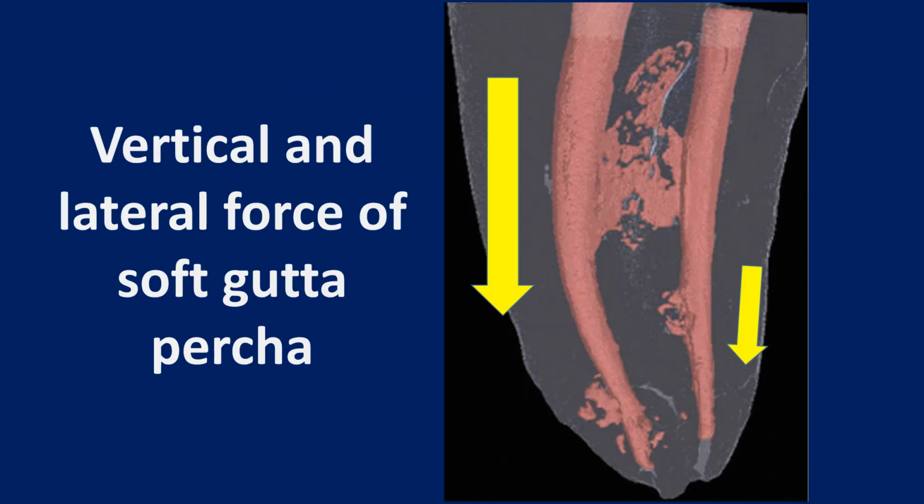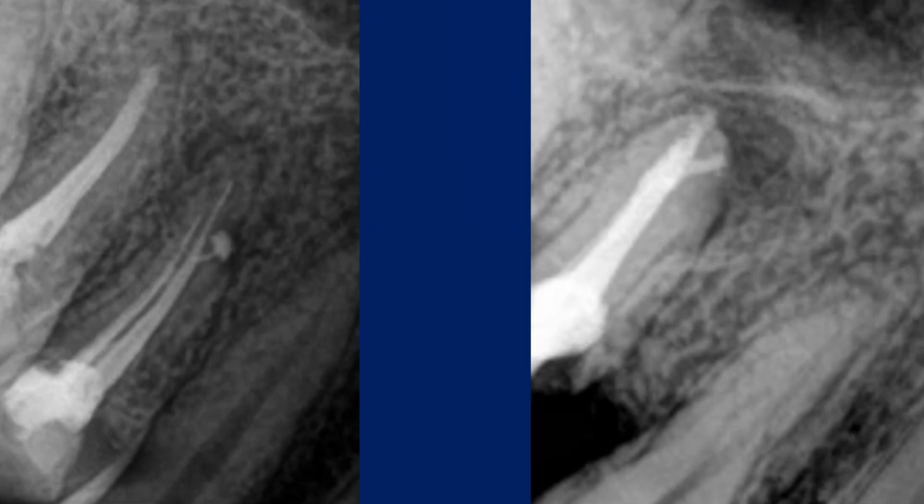We heat the cone and we insert it with vertical pressure until it reaches the apical region. The plastic core will act as a spreader and a plugger at the same time. So it will enter vertically and laterally to exert good pressure, so any lateral canal will be filled.